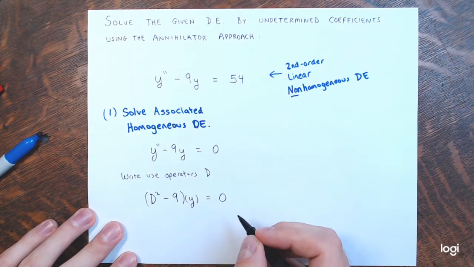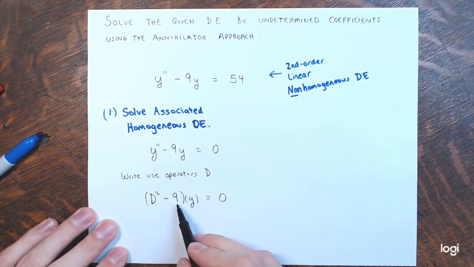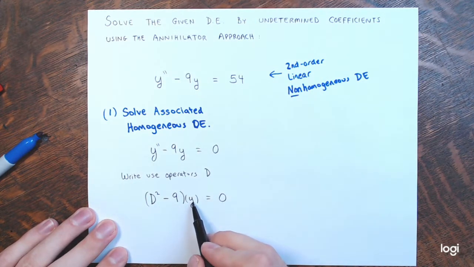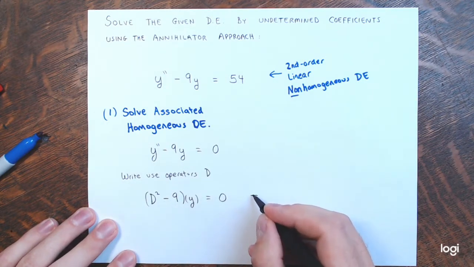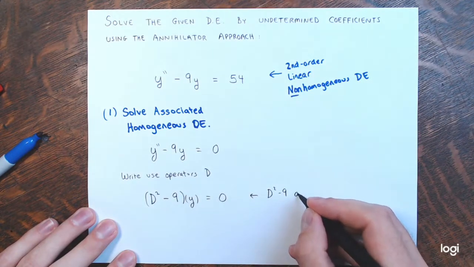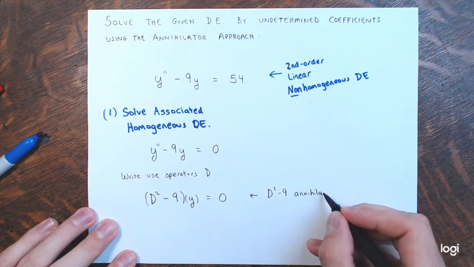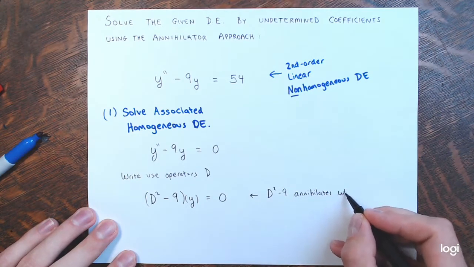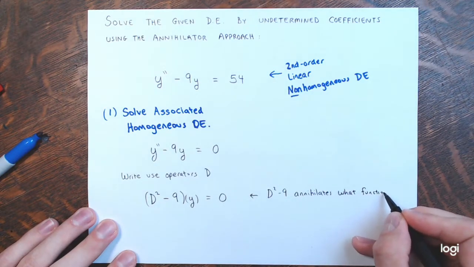And when is that equal to 0? So basically the question is, what kinds of functions would D squared minus 9 annihilate, turn into 0?